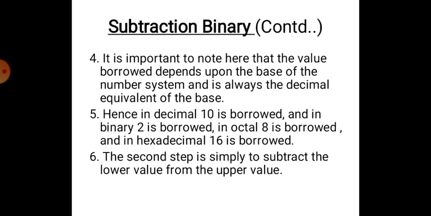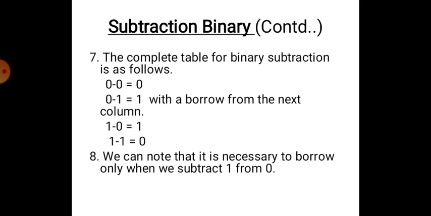Point number 6. The second step is to simply subtract the lower value from the upper value. Point number 7. The complete table for binary subtraction is as follows. 0 minus 0 is equal to 0. 0 minus 1 is equal to 1 with a borrow from the next column. 1 minus 0 is equal to 1 and 1 minus 1 is equal to 0.